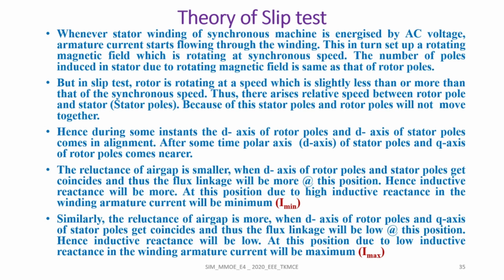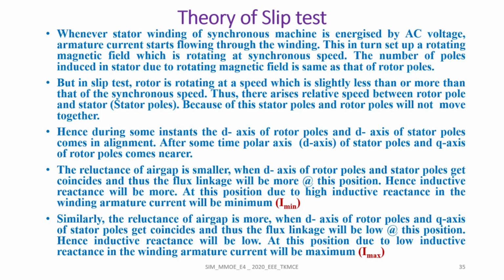If current is minimum and the terminal voltage is constant, less voltage drop is there across the transformer winding, therefore more voltage is there across the armature winding. So corresponding to I minimum, the voltmeter indicates maximum value. Based on these two values, that is V max and I minimum, we can calculate direct axis reactance.